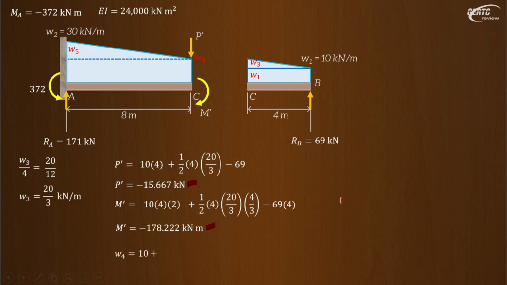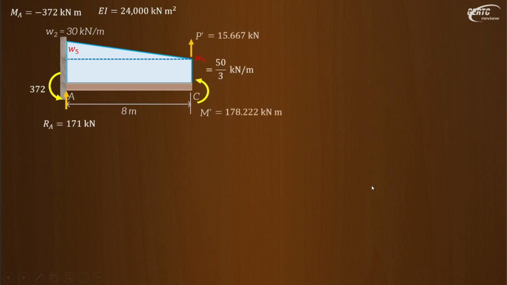Let's compute W4 first. W4 is W1 plus W3. So that's 50 over 3. Now let's change the direction here because we found out that the reverse is the correct direction. And then let's put in the values.